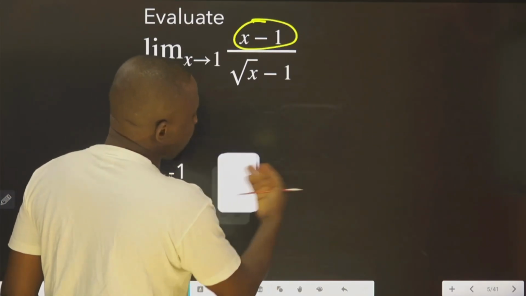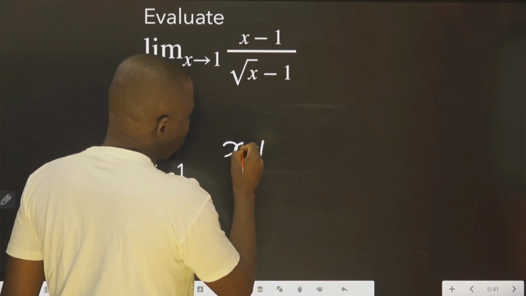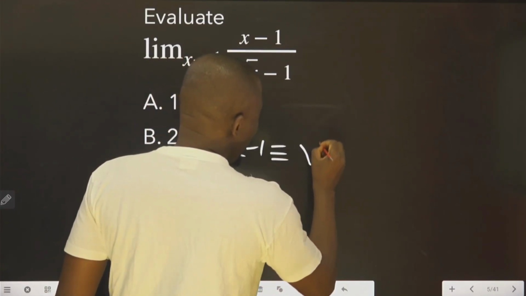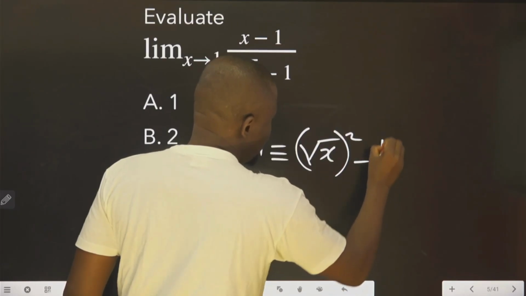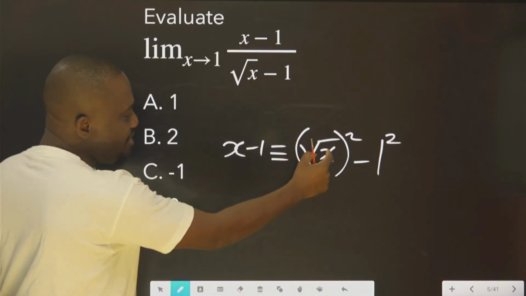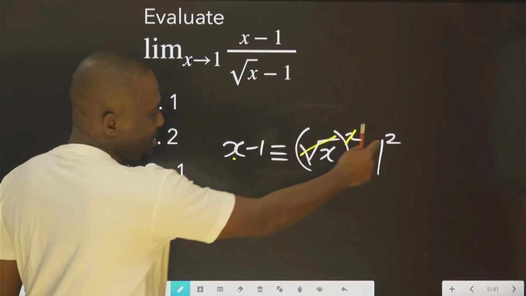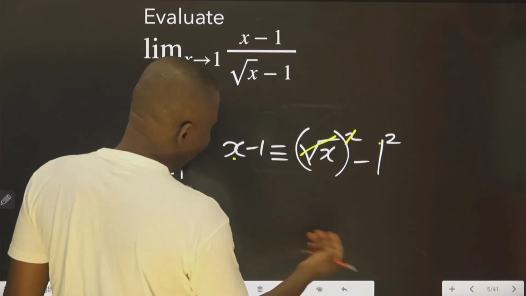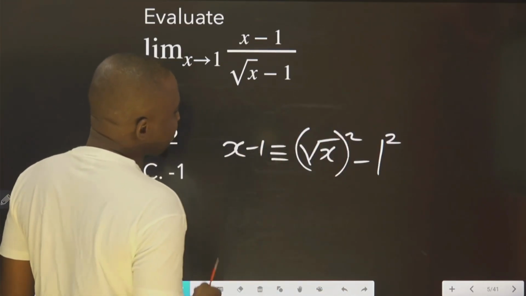So what we're going to do now, because we already know that this one is x minus 1, you agree with me that this is equivalent to the square root of x squared minus 1 squared. Because if I do this, this will cancel this, s will still remain. 1 raised to the power 2 is still 1. So therefore, you agree with me that we can replace this with this.